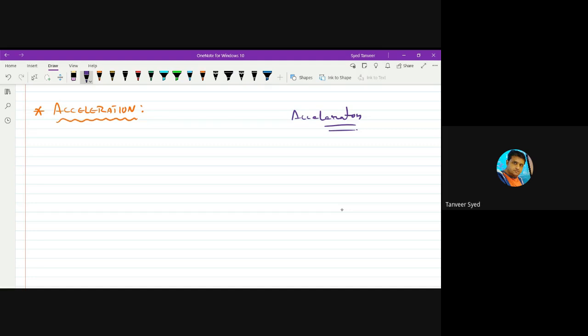So we say that a body has acceleration if its velocity changes with time.